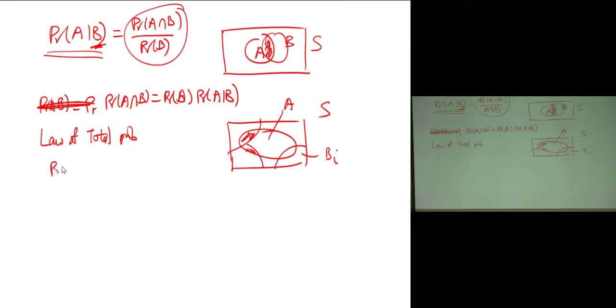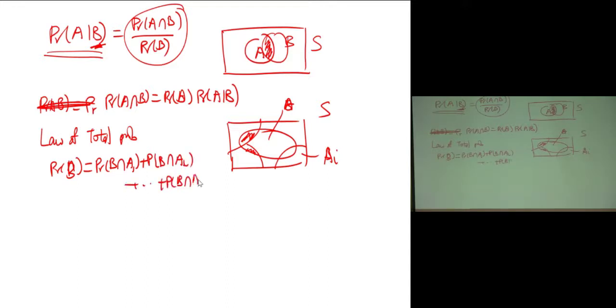In my lecture notes I use Ai for the partition and call the other event B. So the probability of event B is equal to the probability of B common to A1 plus B common to A2, and so on.